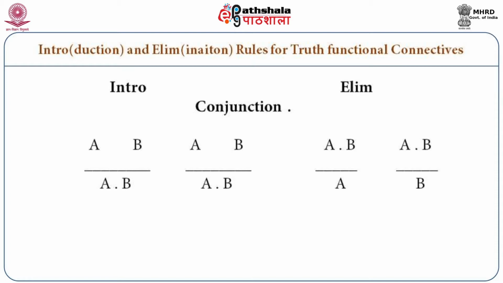Now let me also explain the function of disjunction. Given a sentence A which is proved to be true, we can infer a disjunctive sentence A or B. Or given a sentence which is true, let us say B, we can infer another complex sentence, the disjunctive sentence A or B. There is another case in which we can eliminate the disjunctive connective.